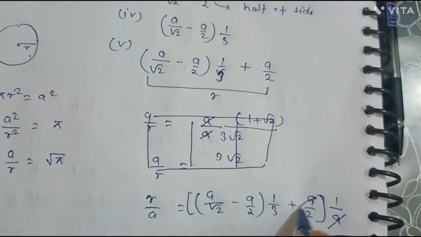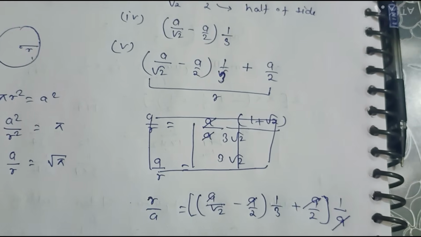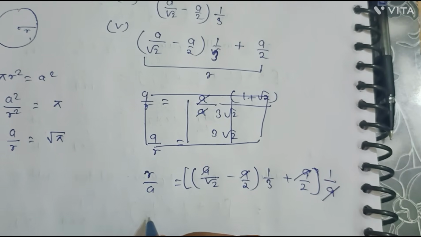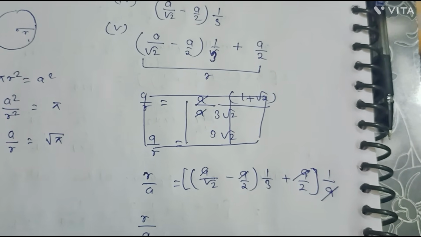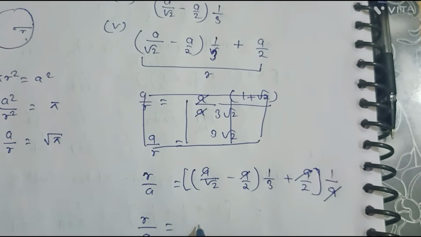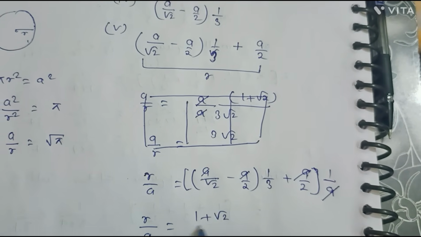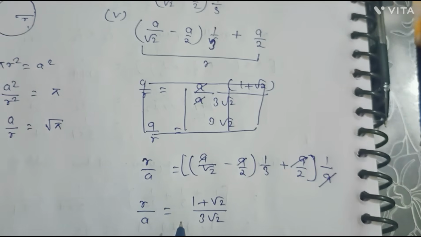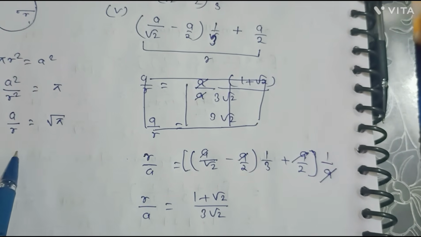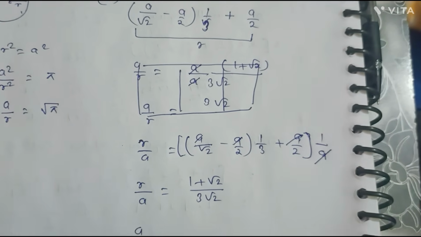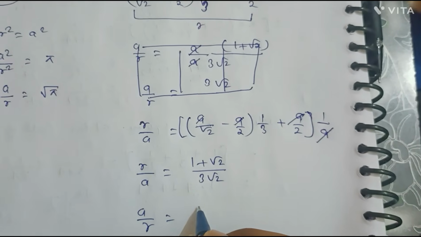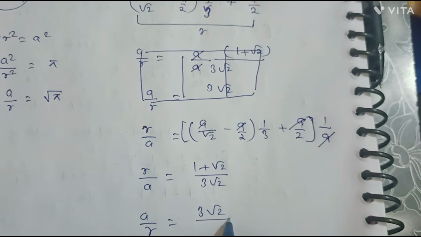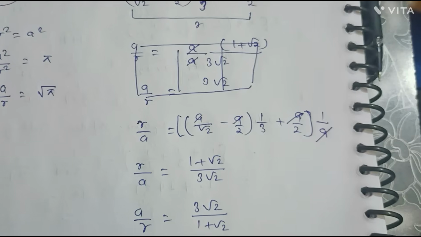So this a and a will cancel out. In this way we get the value of r by a as 1 plus root 2 by 3 root 2. Since we have to find the value of a by r, we write a by r equals 3 root 2 by 1 plus root 2.